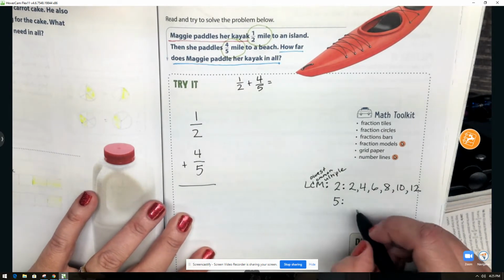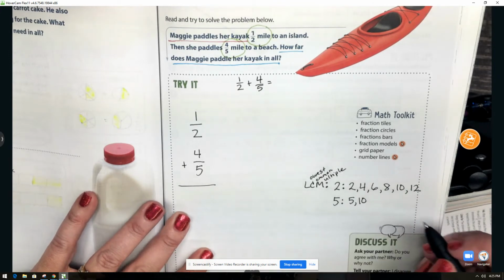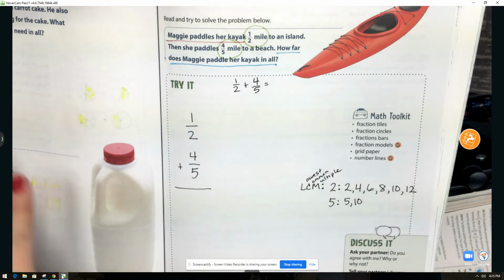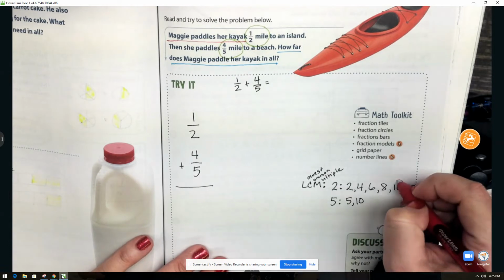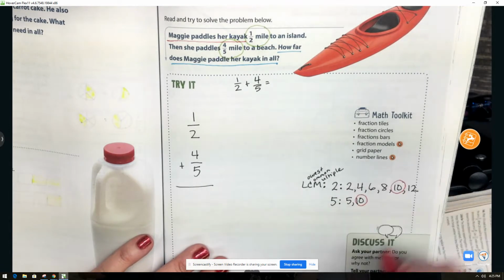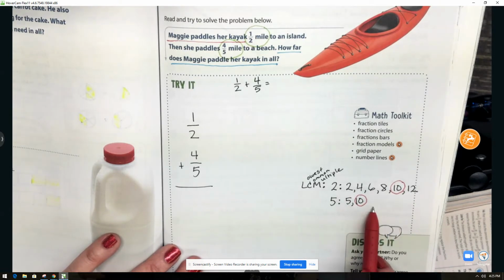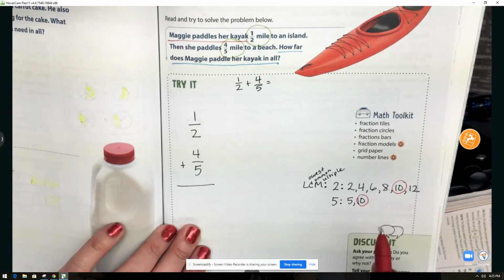So 5 times 1 is 5. 5 times 2 is 10. Now, if you were here in person, the whole class would go, stop, because we can stop. We have found our lowest common multiple. It is 10. 2 and 5 both have a multiple of 10. That is going to be our new denominator.